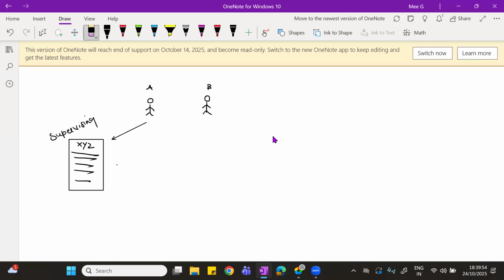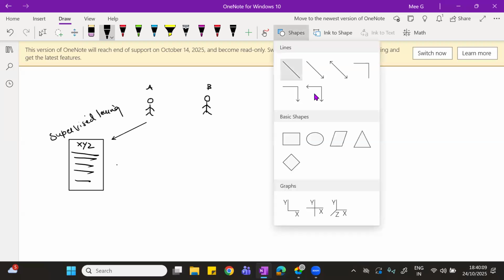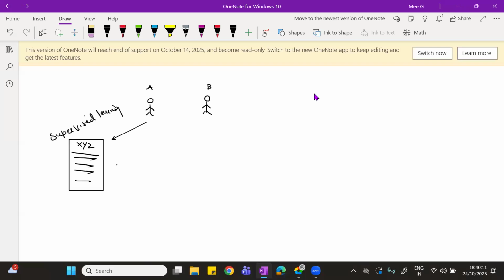Because this guy is learning under supervision, this is considered supervised learning. Now, the other guy doesn't have the money to go to an educational institution to learn.